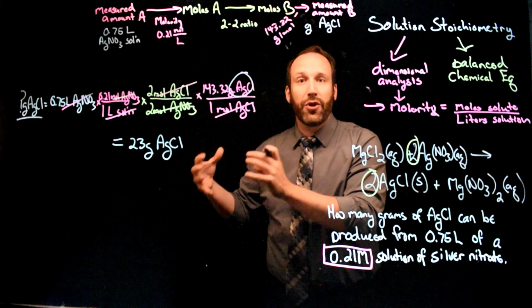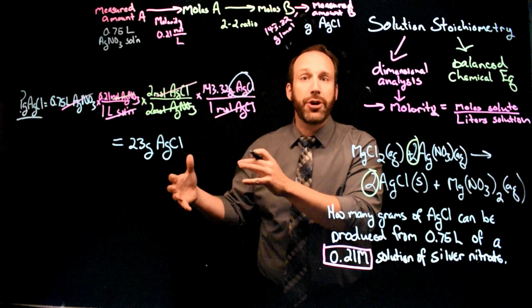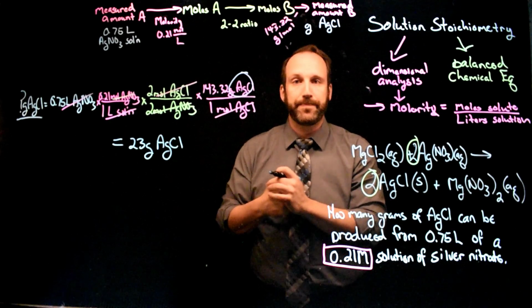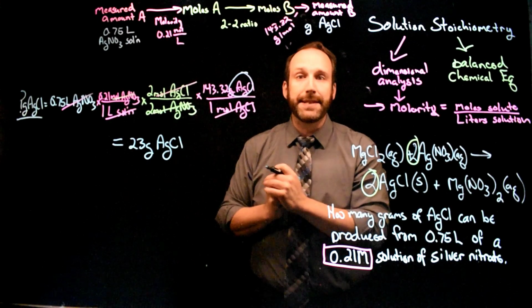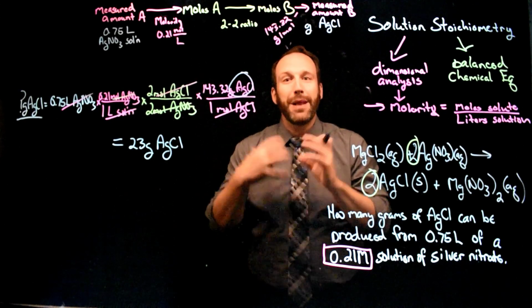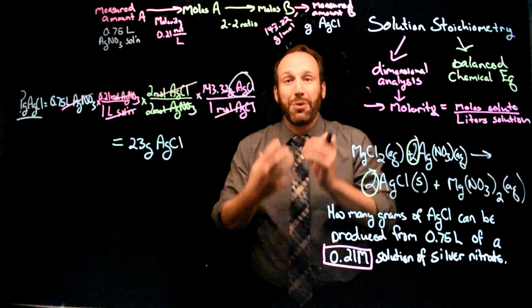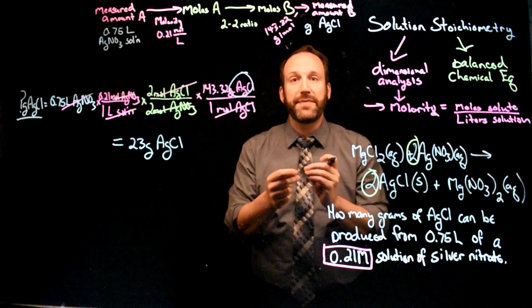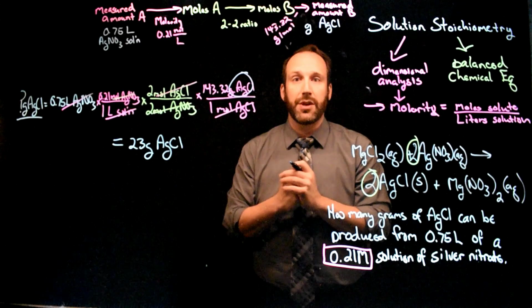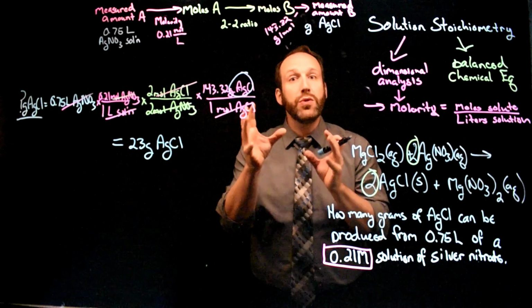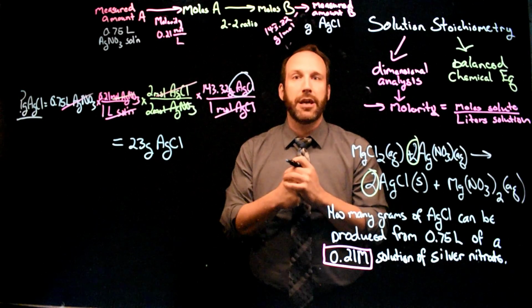It allows you to know the relationship between grams of a substance and moles of a substance. If your measured amount is a volume of solution, then you're going to want to use the molarity of that solution, because that's what molarity is. Okay? It is a description of the moles of solute in a volume of solution. Okay? Molarity and molar mass, you use them the same way in stoichiometry.